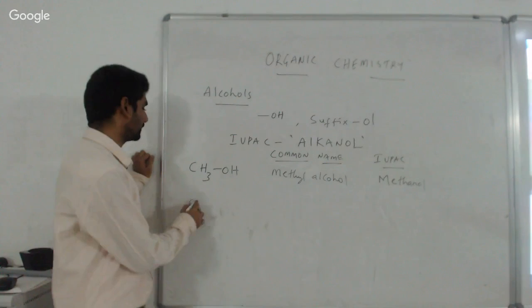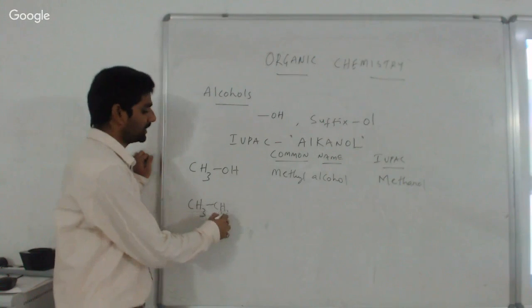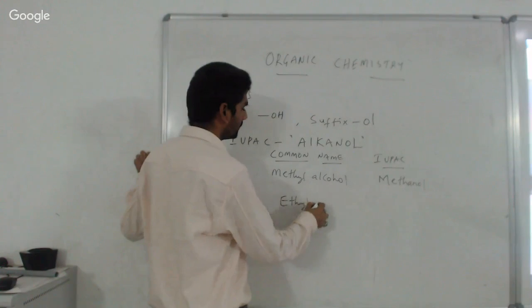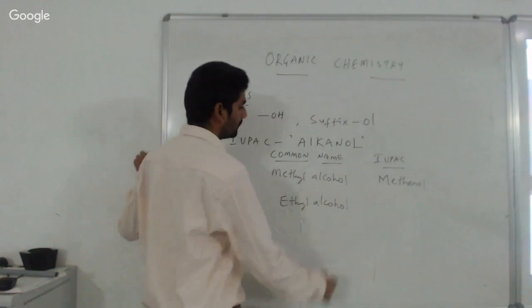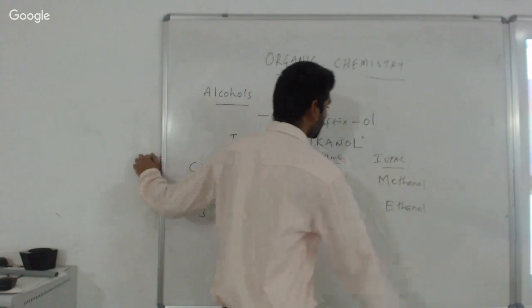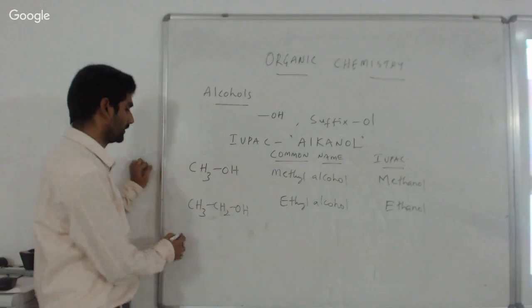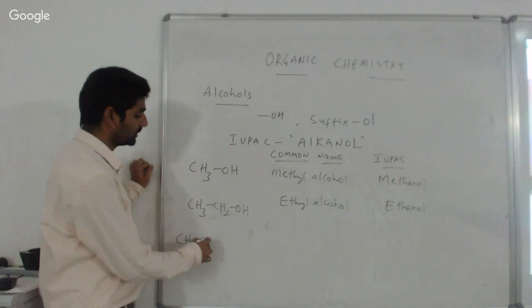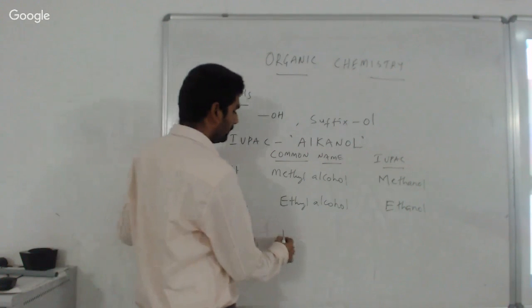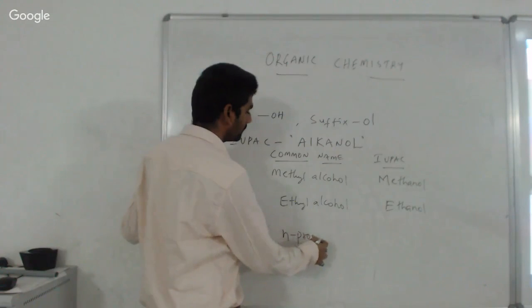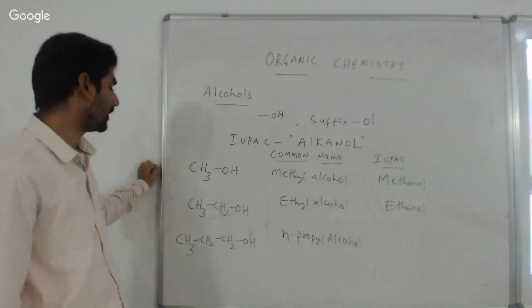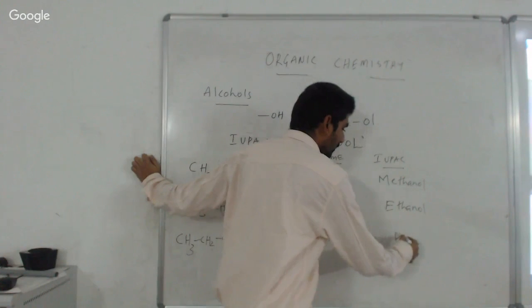Next, CH3CH2OH: common name is ethyl alcohol, IUPAC is ethanol. Next, CH3CH2CH2OH: common name is n-propyl alcohol, IUPAC is propanol.